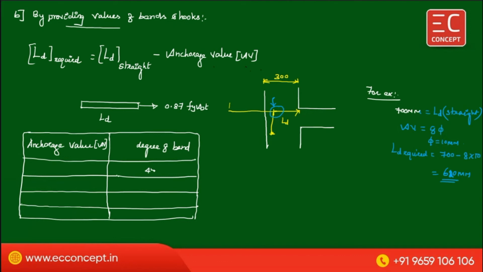The degree of bend is 45 degree, 90 degree, 135 degree, 180 degree. What is the anchorage value? For 45 degree it is 4.5, for 90 degree 8.5, for 135 degree 12.5, for 180 degree 16.5. Keep this in your mind. This is an important examination question. In the state government exams, you can expect this value itself.